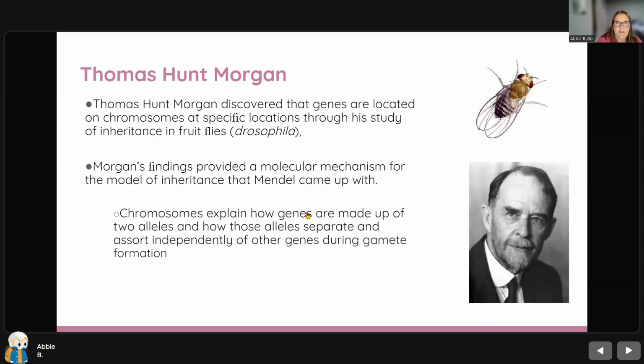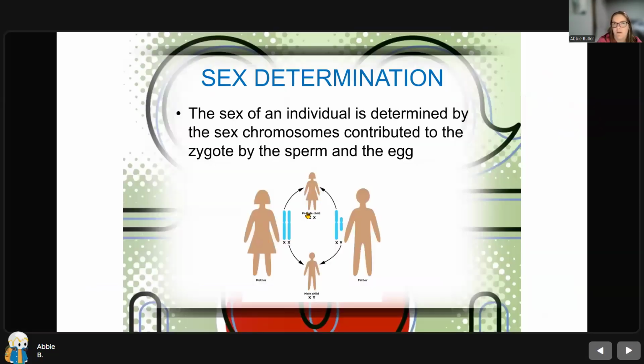Thomas Hunt Morgan discovered that genes are located on chromosomes at specific locations through his study of inheritance in fruit flies, Drosophila. His findings provided a molecular mechanism for the model of inheritance that Mendel came up with. Chromosomes explain how genes are made up of 2 alleles and how those alleles separate and sort themselves independently of other genes during gamete formation, during meiosis.